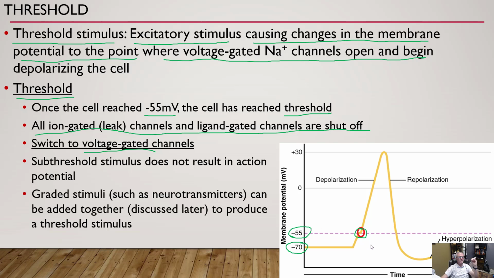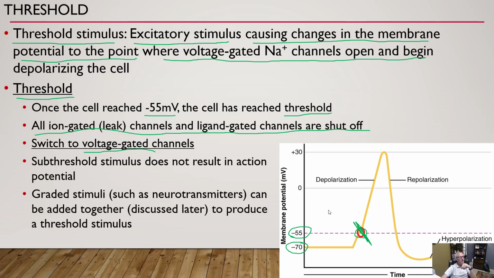So we've reached our threshold here of -55 millivolts. We shut off all of our leak channels. We shut off all of our ligand-gated channels. We've shut off essentially facilitated diffusion. Now we're going to switch to the electrical side of things. So now we're going to switch to these things called voltage-gated channels.